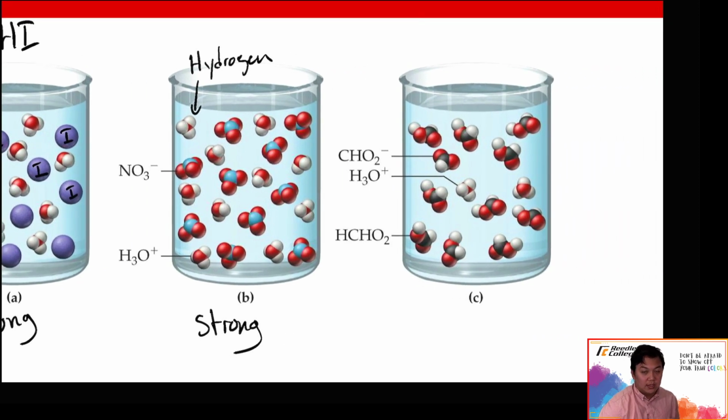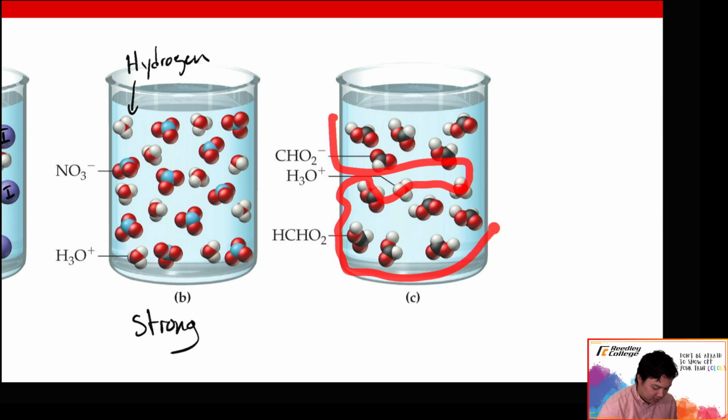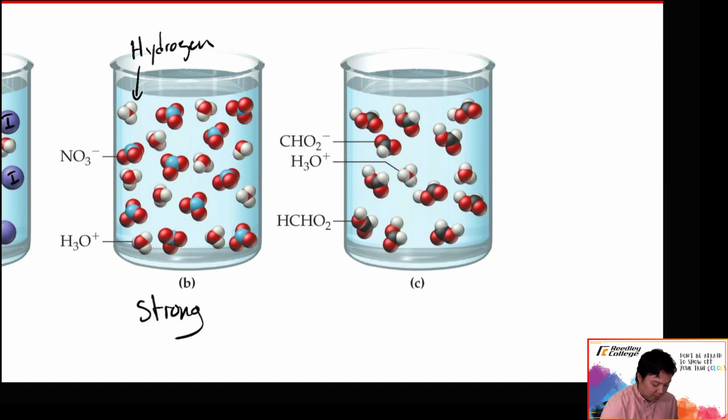Now, process of elimination, this must be our weak acid if there is one. But if we look here, how many hydroniums do we have? We only have 1, 2, compared to all of these other guys. So this must be our weak acid because we've only partially ionized. Let's see if we can find even the ones that are ionized. Oh, here's an ionized one. There's got to be 2, right? Because we've got 2 hydroniums.